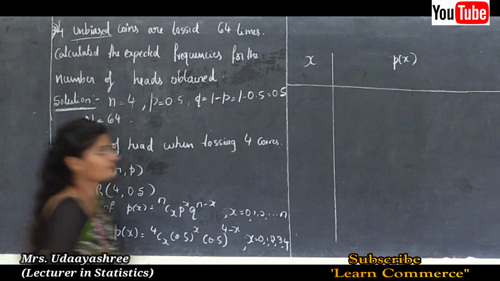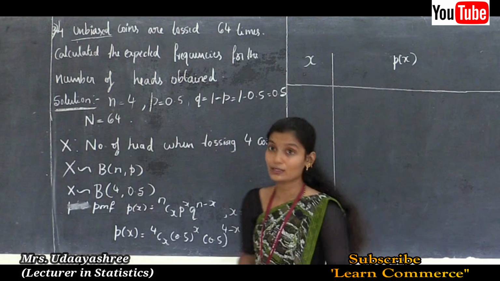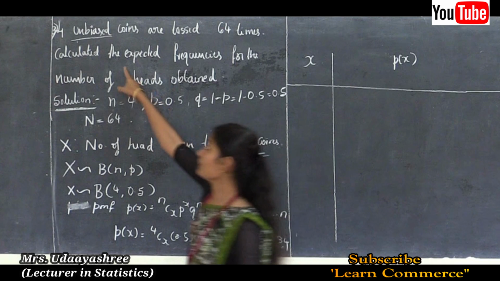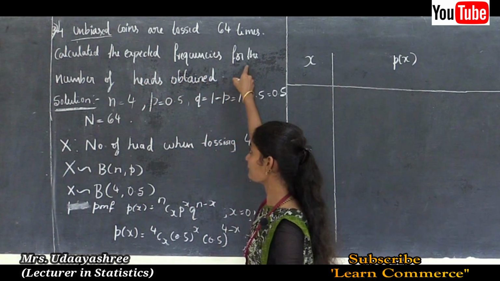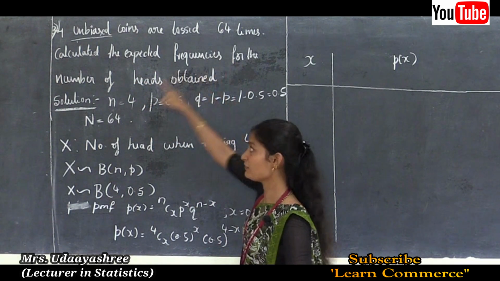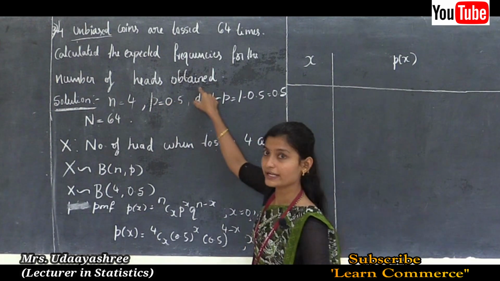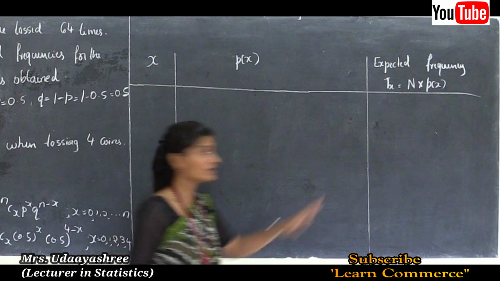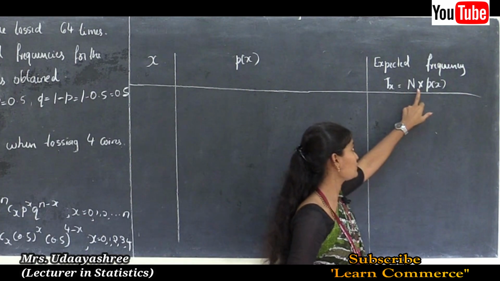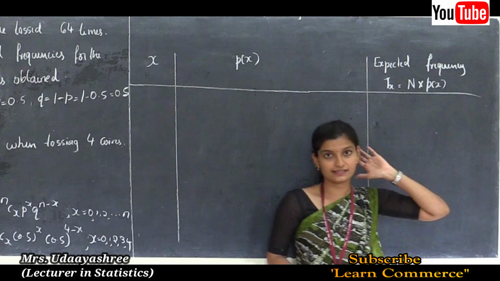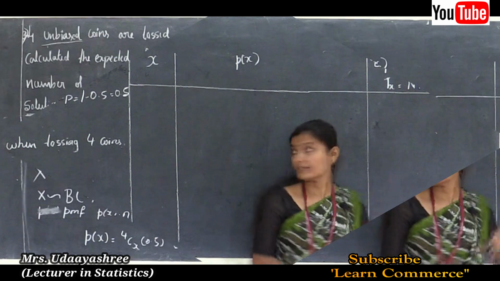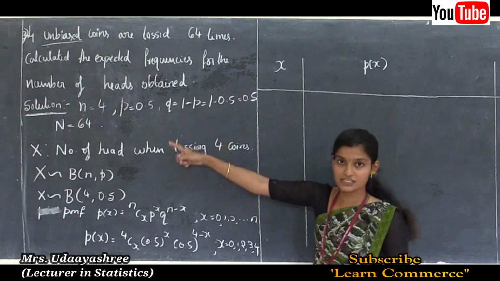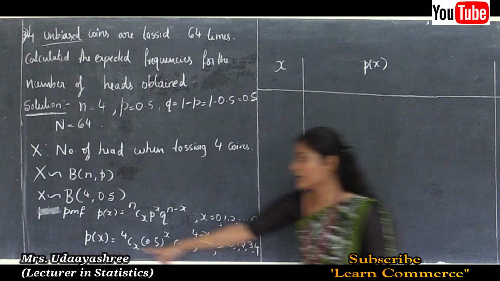Okay, next what do we need to calculate here? We need to calculate the expected frequency for the number of heads obtained. The expected frequency formula is T of x is equal to n into P of x. We know that n is 64. Next we need to calculate P of x.